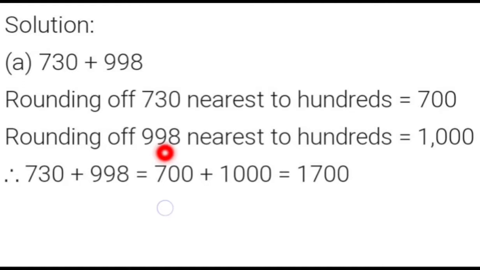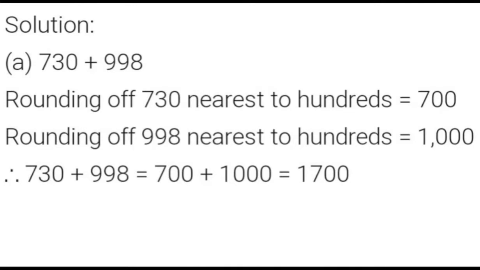But as this is above 950, this number is very close to 1000, and that's why we write the rounding off to the nearest 100 as 1000. Now we were actually adding 730 and 998. So what we are going to do? We are going to add the nearest hundreds of these two, that is 700 plus 1000. The answer is 1700. So this is how you are going to estimate the questions.